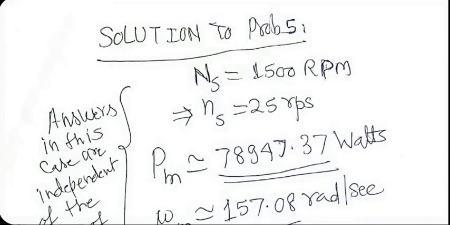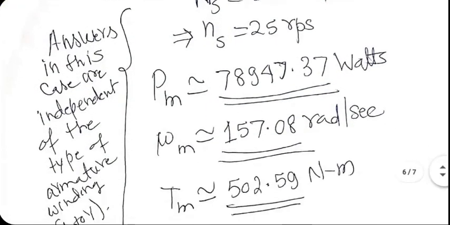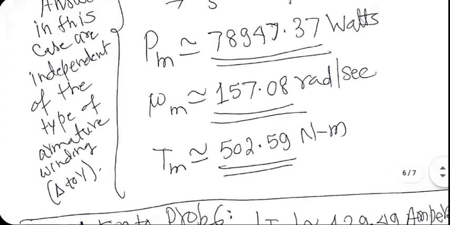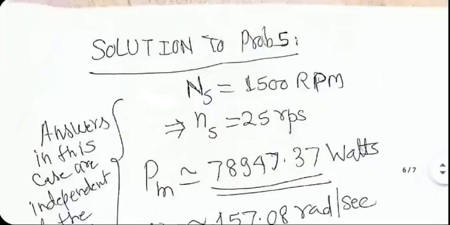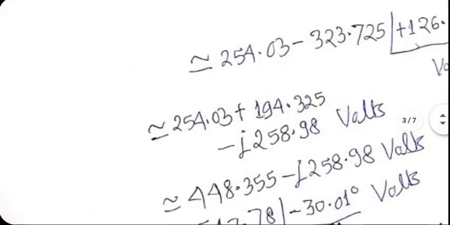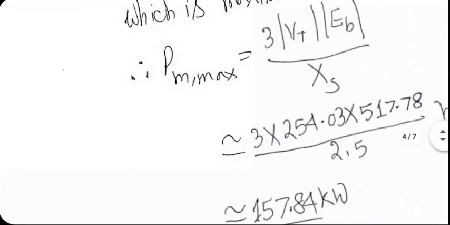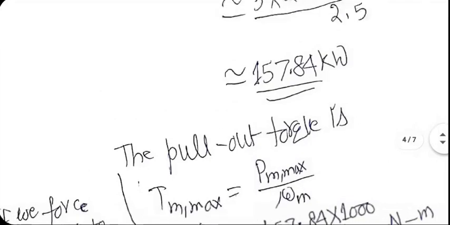Basically, what would happen for delta connection is some things are similar. No, they're not changing. And I've given you only the final answers. The nature of line voltage versus phase voltage relationship will change here. That's the only difference, really.